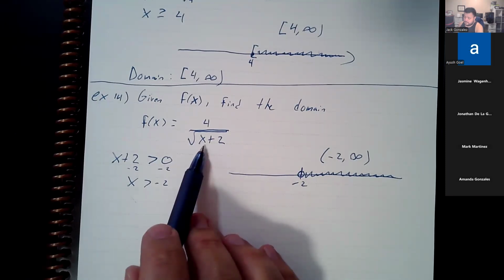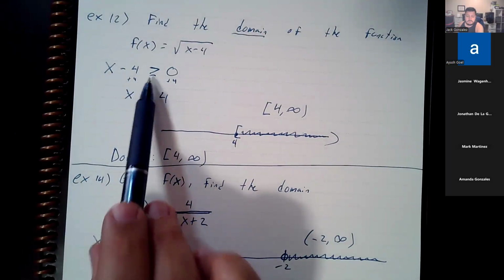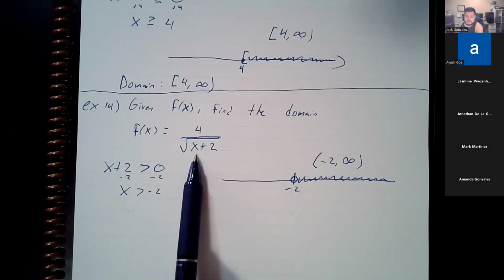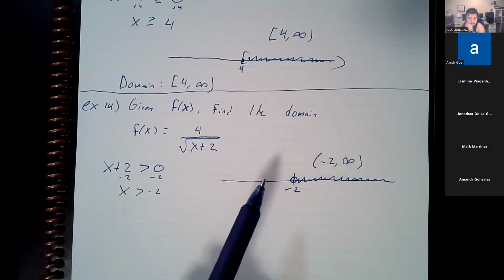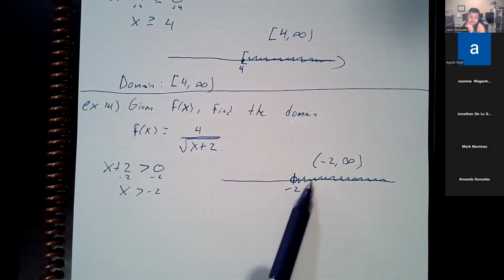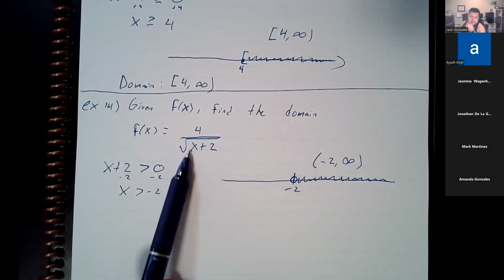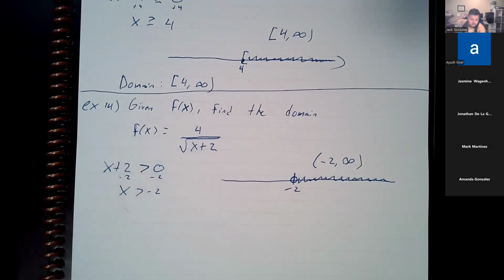Earlier we said it was okay to be equal to 0, but this time we can't. It has to be above 0. That's why we had a bracket before. Now we don't. Because negative 2 would zero the whole bottom out, which is an issue.